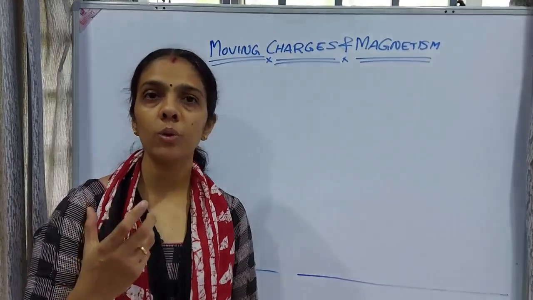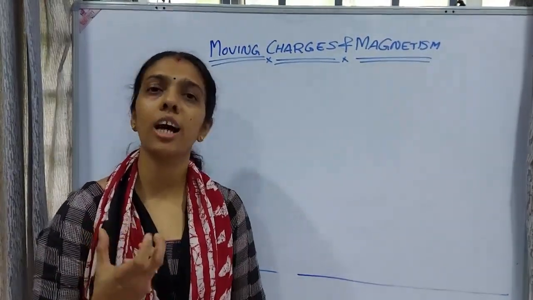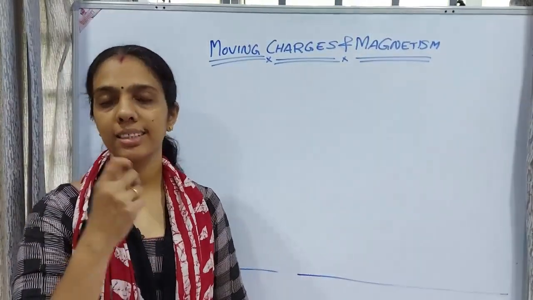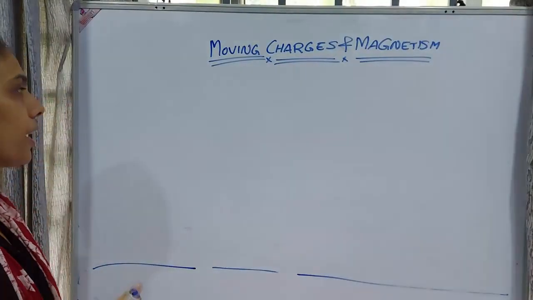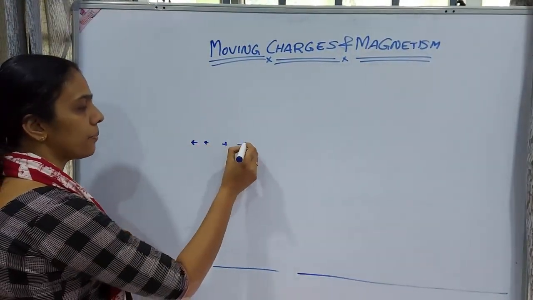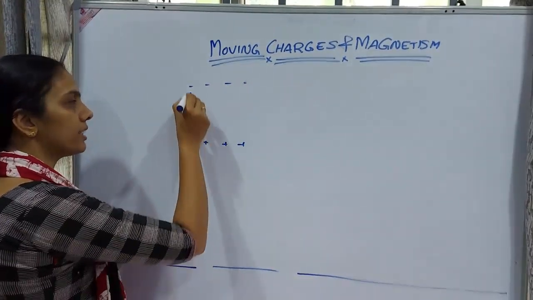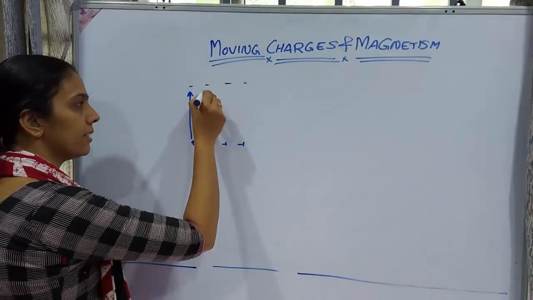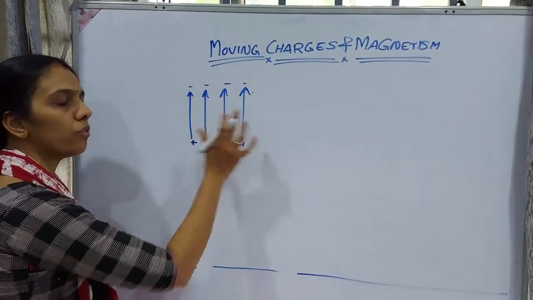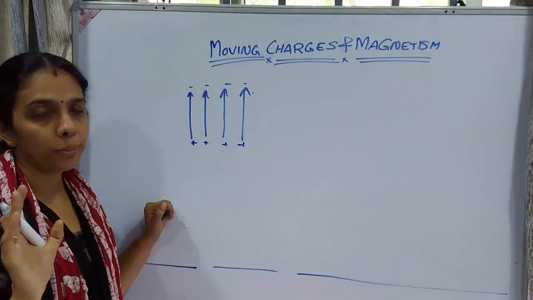What will be the force acting on a charge carrier or a charged particle if it is moving in a uniform electric field? Here positive charges are there, here negative charges are here, and the electric field is acting like this. These are parallel lines, so we can see it as a uniform electric field.